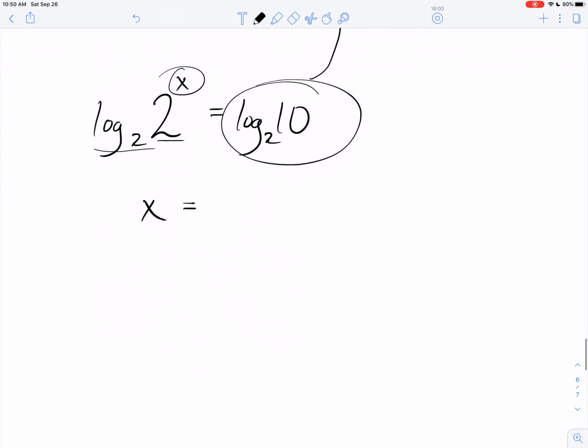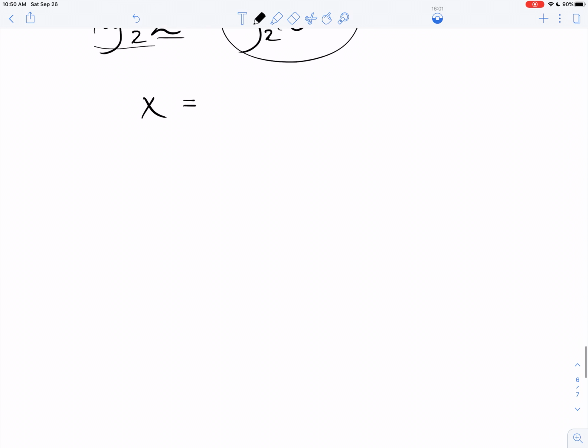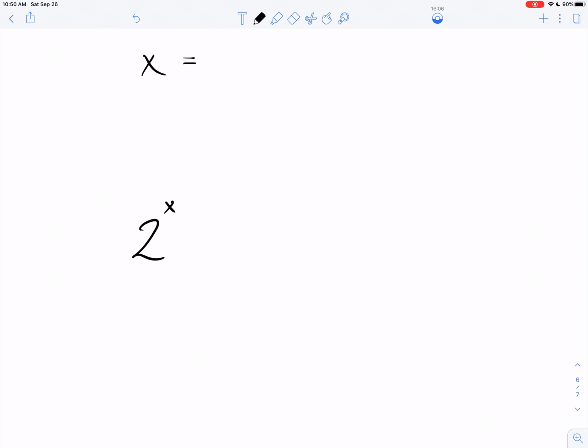Now, let me show you one other way to check your answer. Remember, here was my original problem. This equals 10. So my answer that I got was log base 2 of 10. Well, let's rewrite that. What does that look like? 2 to the power of log base 2 of 10.